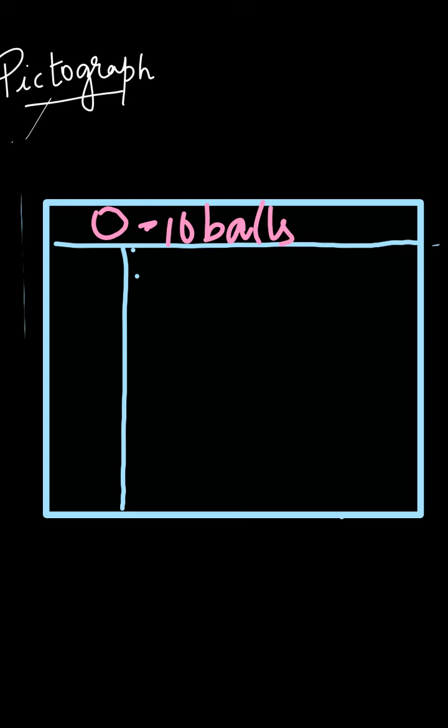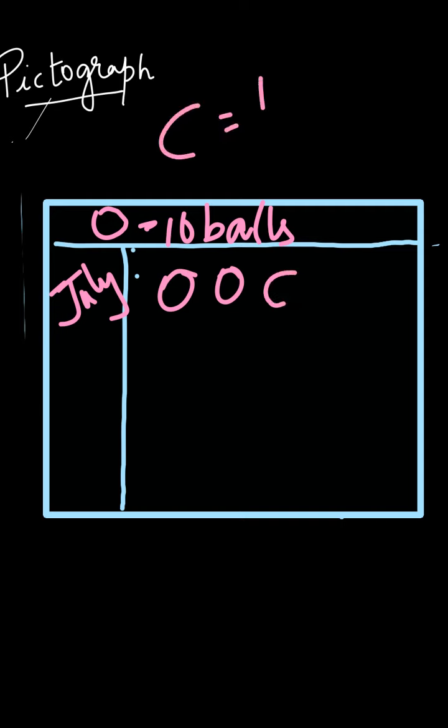So first, in July month. In July, say 2 balls, and I'm drawing one more half ball. Half ball means half of total, that is total is 10. So half means 5 balls.